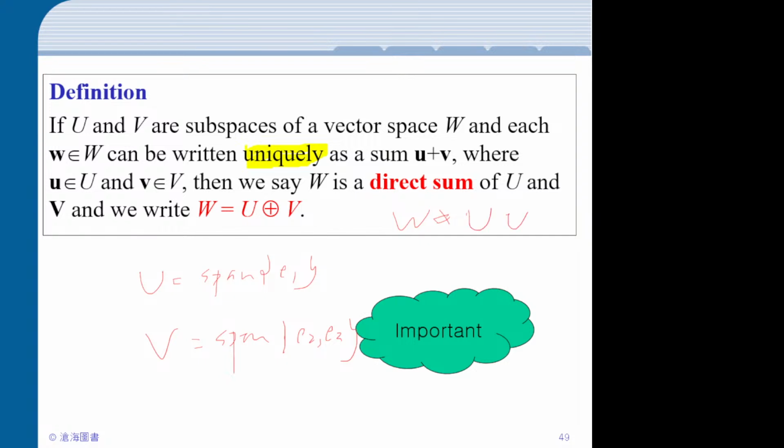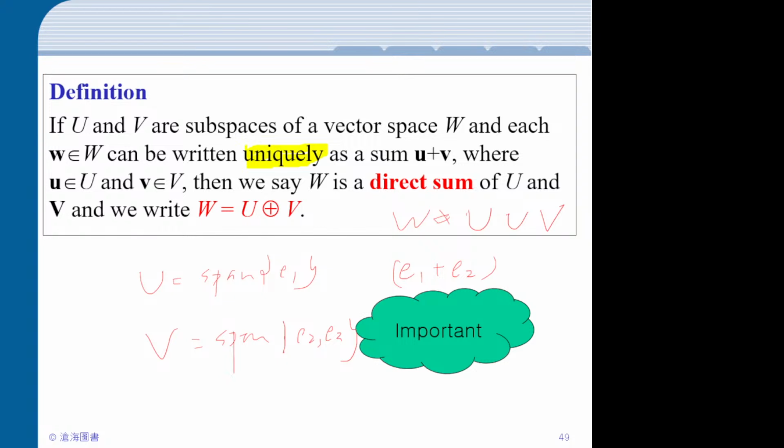Okay. So everything can be written as a linear combination U plus V. That doesn't mean everything is inside either U or V. So W is not the union of U and V, because the union doesn't contain, say, the vector E1 plus E2. That's neither inside U nor inside V. Okay.